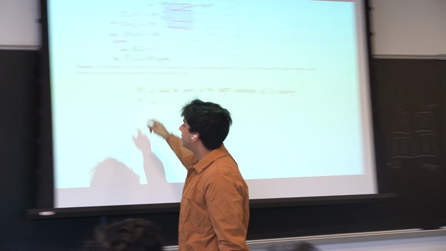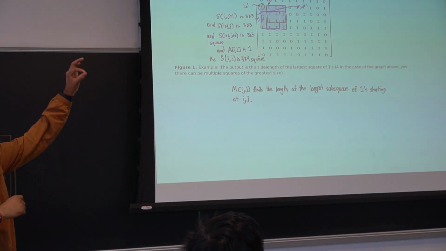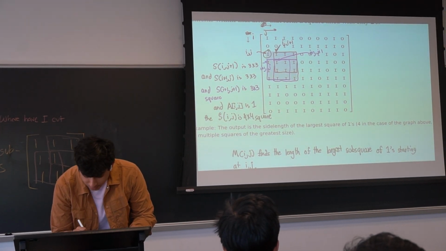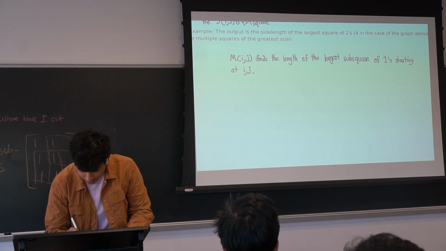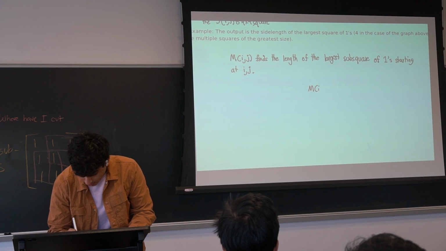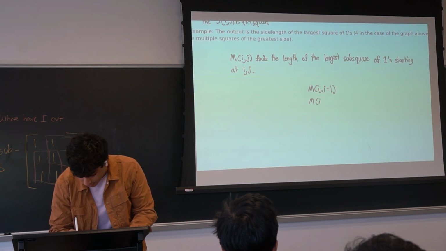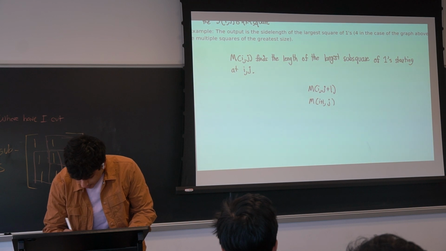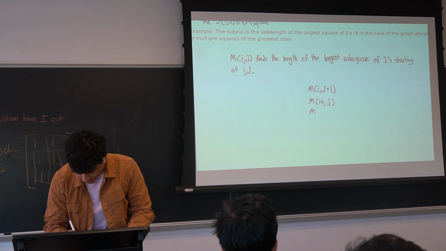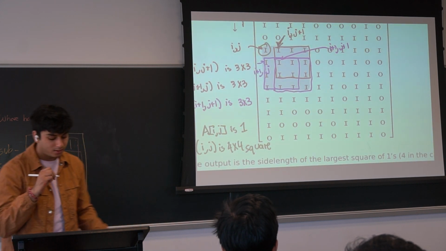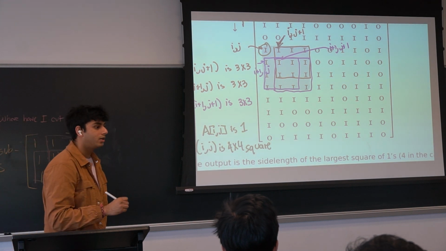So M of ij finds the length of the largest subsquare starting at the top left-hand corner, pinned at ij. If I know the maximum subsquare starting at i comma j plus 1, and the side length of the maximum subsquare starting at i plus 1 comma j, and the maximum side length starting at i plus 1 comma j plus 1, then in that case, that's basically saying the blue thing, the purple thing, and the red thing are all squares.